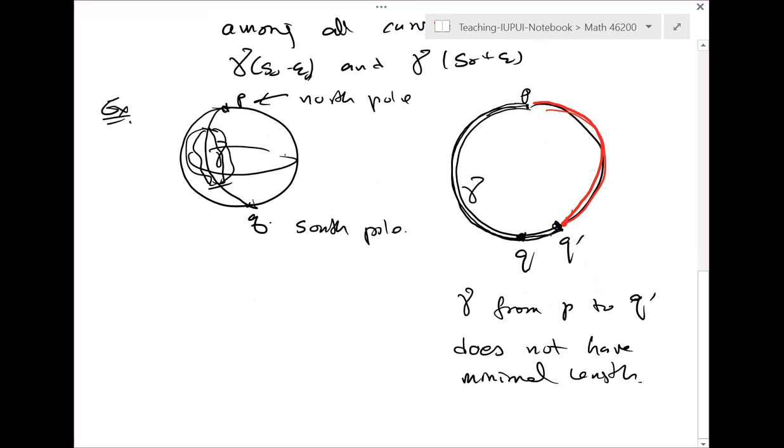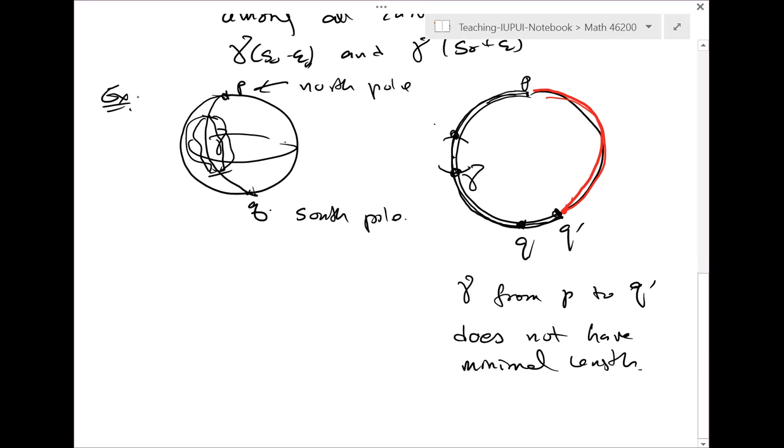But this gamma is still a geodesic according to the definition, because for every point, as long as the distance between those two points is less than pi, it has minimal length among all the curves. So this gamma is a geodesic.